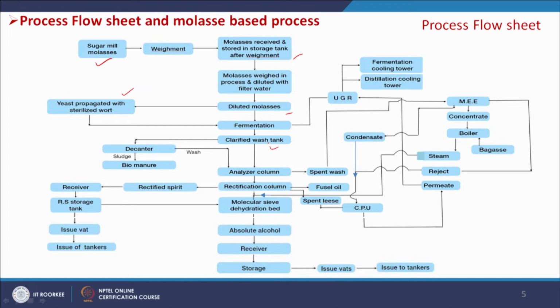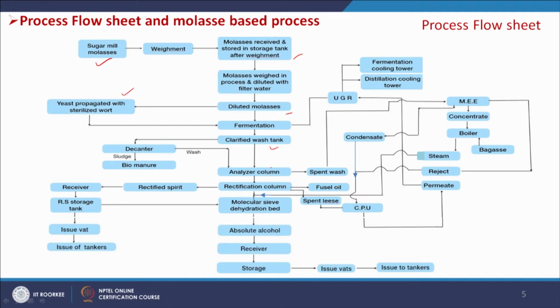And then after fermentation we will be getting the conversion of sugar to ethanol, and then the clarified wash which we get after the fermentation goes to the decanter, and then the sludge is going to bio-manure, and the liquid part, that is wash, which contains the ethanol, is coming to the analyzer column, and here heat is applied basically.